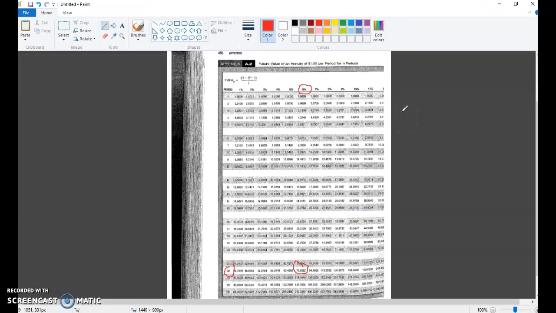So we've got our 4,500. And that's pretty good. We're putting in 4,500 every year for 30 years. And we multiply that by this 79.0582.